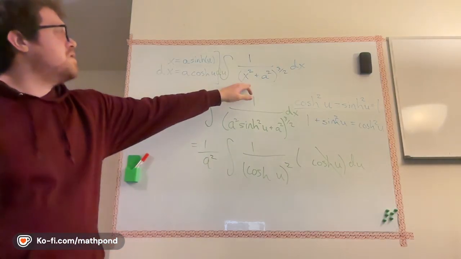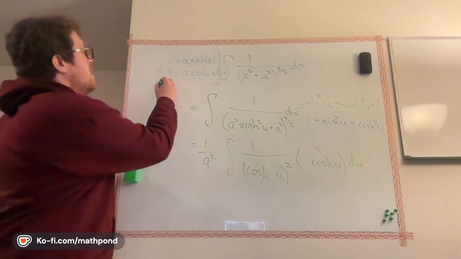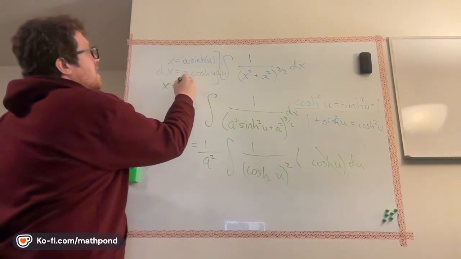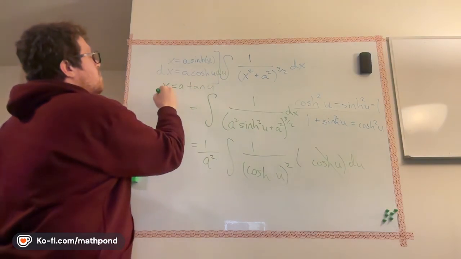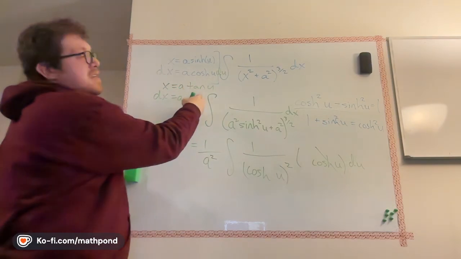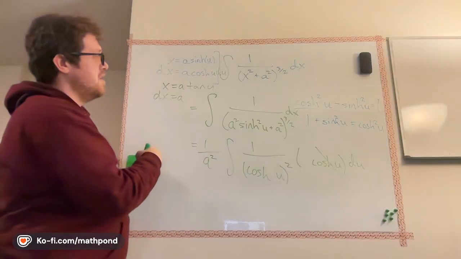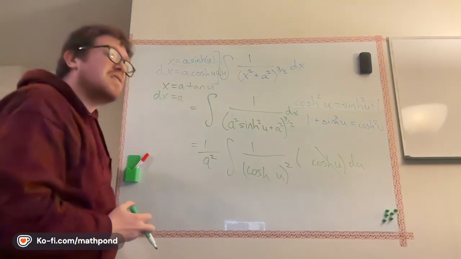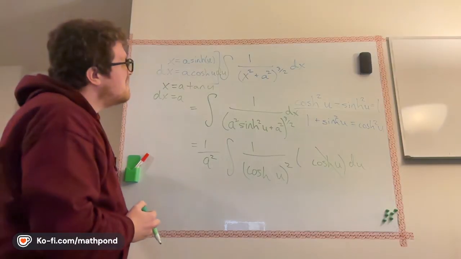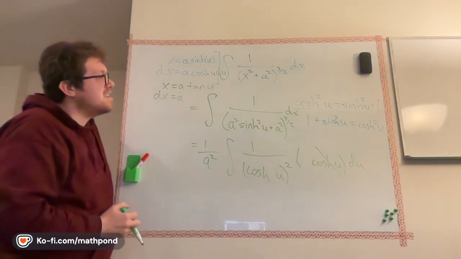So if we try to do something similar with tangent, so x equals a tangent u or something, right? Then dx would be like a, I think it's what, secant squared? Derivative of tangent is secant squared. Or is it the secant tangent one?